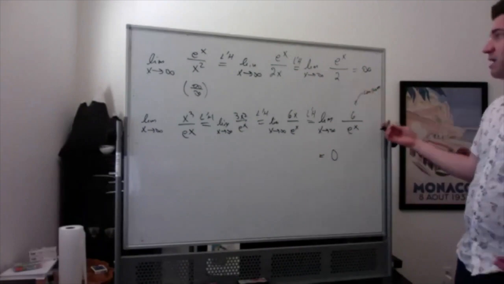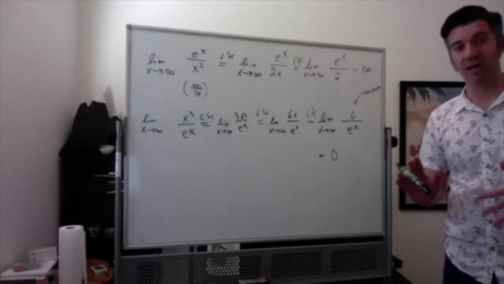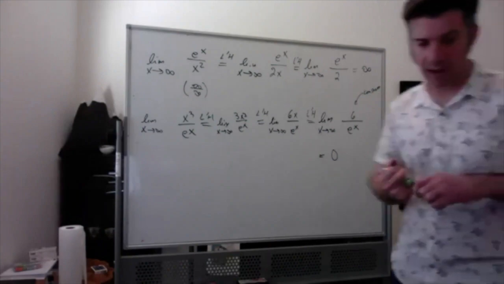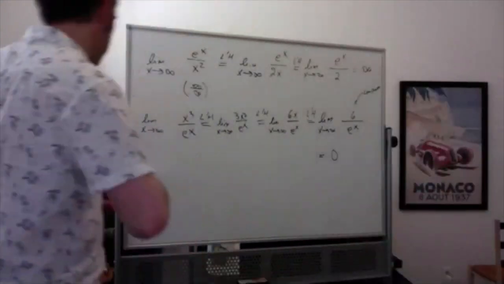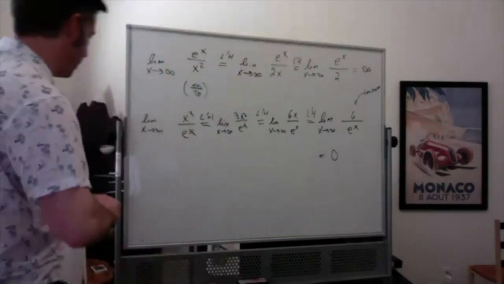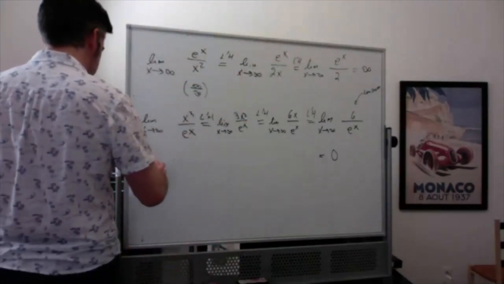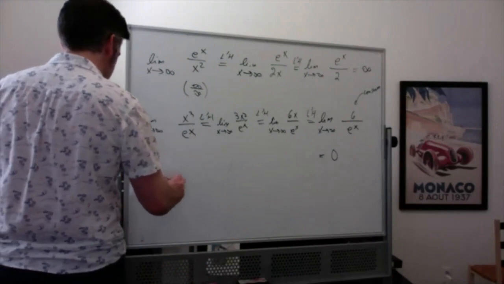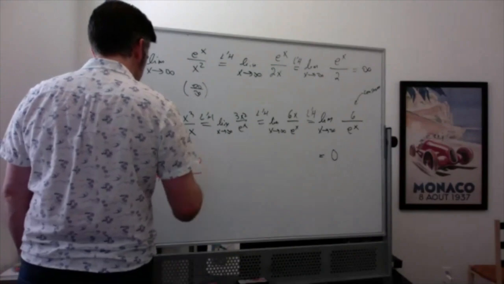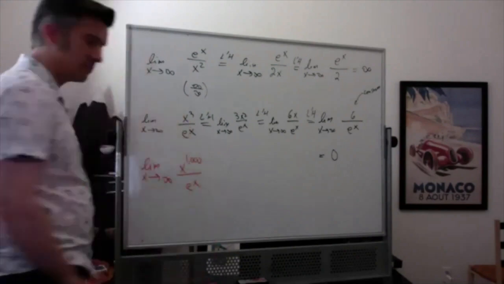So both of these examples show how e to the x is a much bigger thing than x to any power. And in a similar way, someone could ask you, not to show all the steps, but someone could say, hey, what's the limit as x goes to infinity of x to the 1,000th power divided by e to the x?